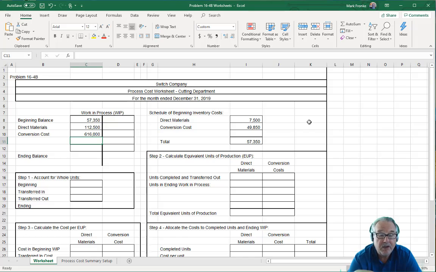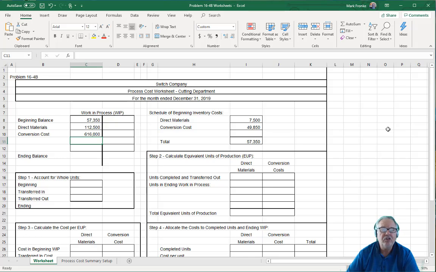Our job really is to figure out how much cost we should assign to the products that got finished and transferred into the assembly department. That's really what this whole process is about. And we're going to make a journal entry to transfer out that amount when we're done.